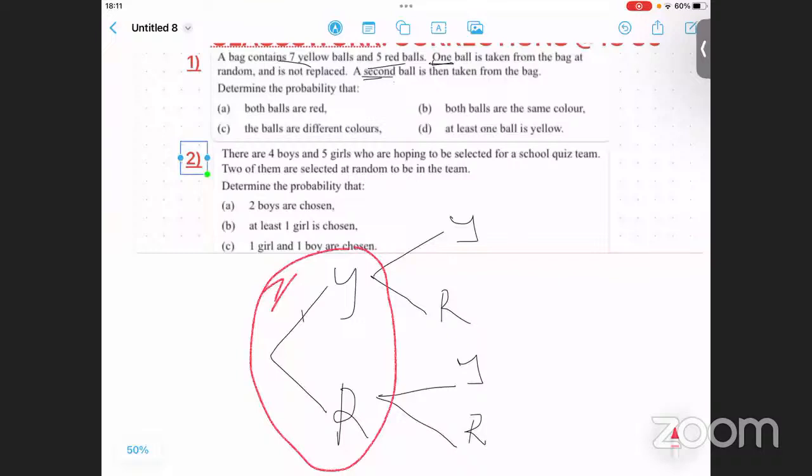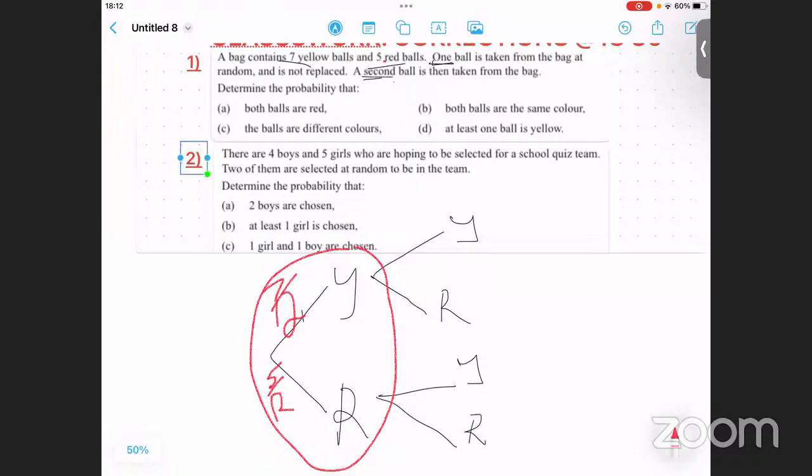When you add the two, it's going to be 12. And then you have 5 reds, so it's going to be 5 out of 12. So all of these represent the total numbers in the bag, given that no ball has been taken out.